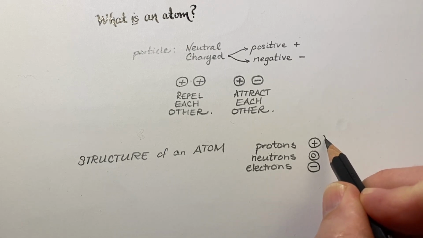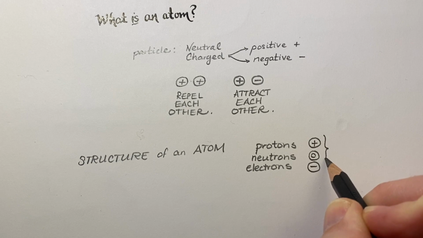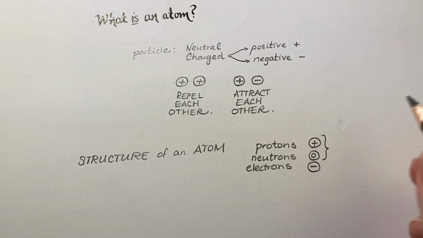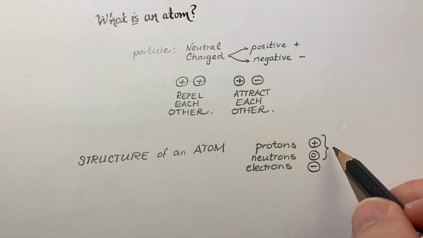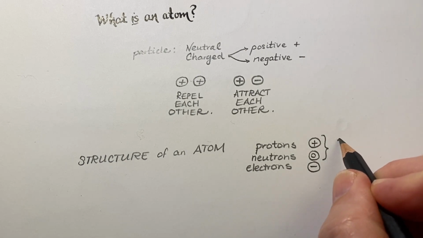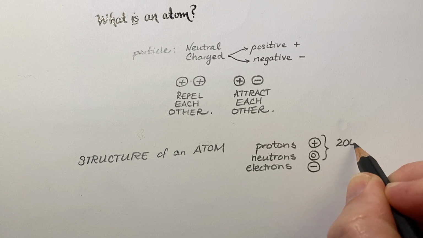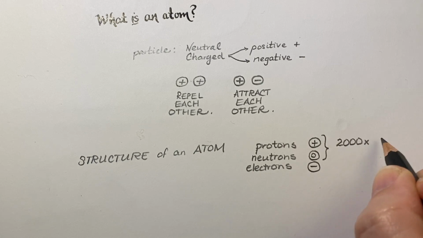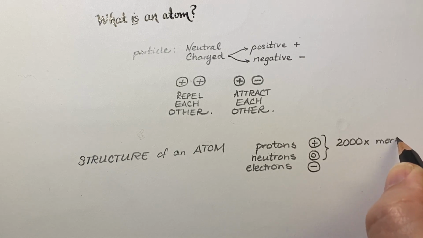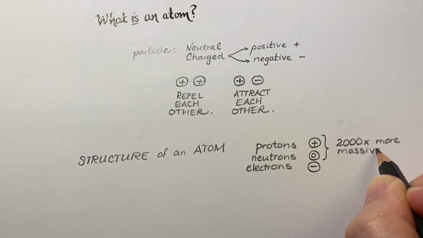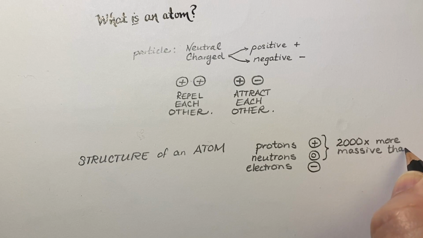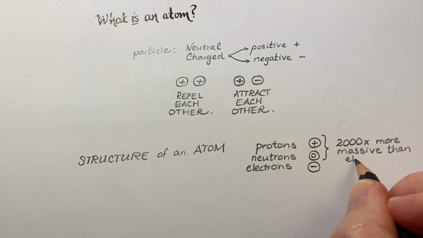Okay, so the other thing I want to mention is that these two are very similar in size. And they are about 2,000 times more massive than the electron.